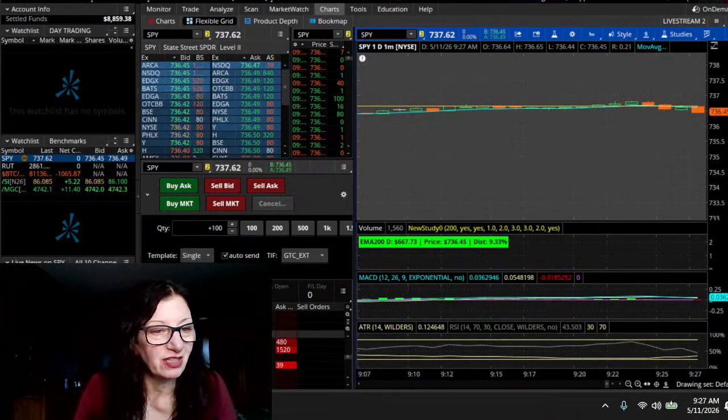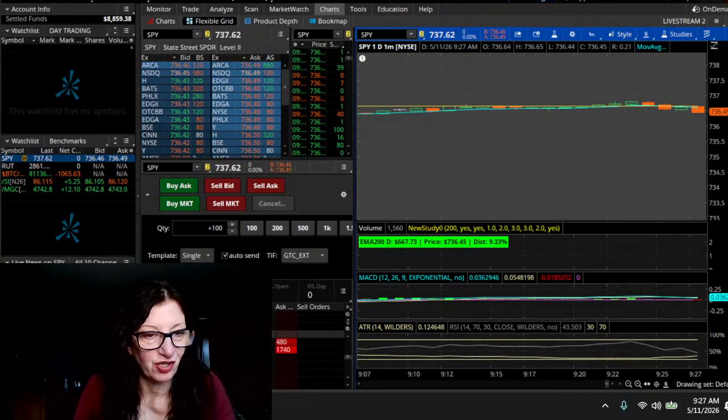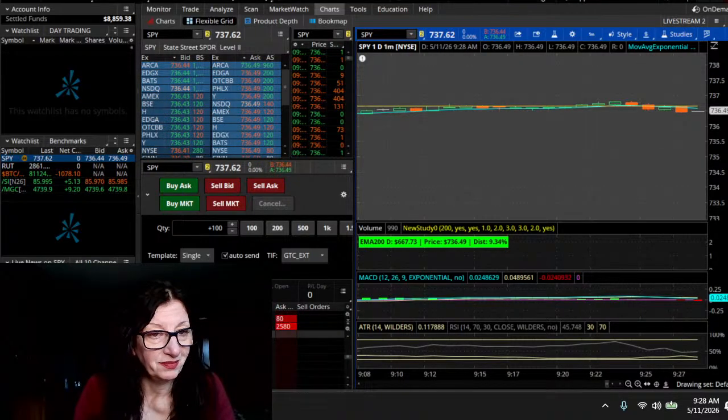I'm going to pick another, let's get a large cap scanner. Let's see, large cap, high of day momentum, large cap, highest volume. Let's try that one.